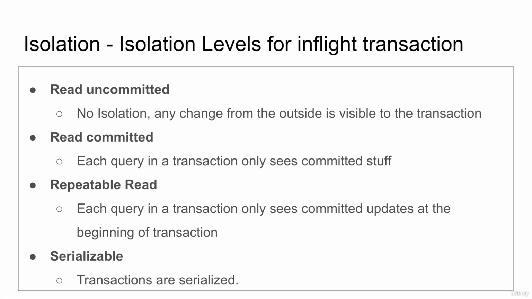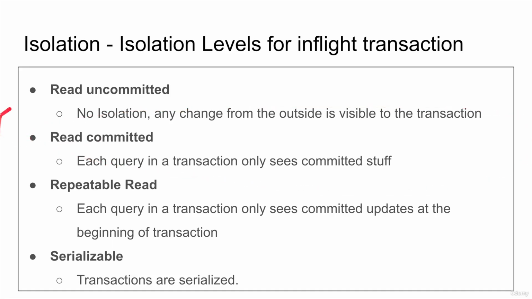So each query you execute is going to see the new committed values at that time. That could be fine, right? Sometimes it is not. So that's what it means to read committed. You are seeing the committed stuff at the time of the query. Anything that's committed, you're going to see it.